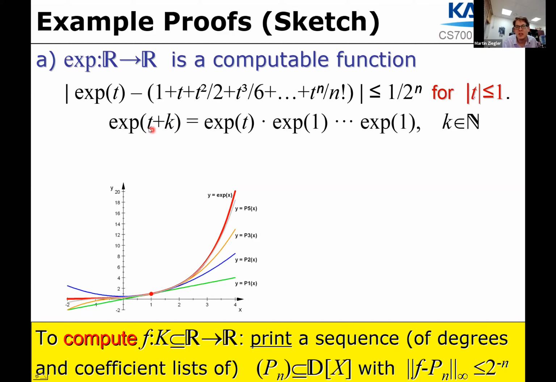Namely, if we consider, for instance, the argument t plus k, where t is between -1 and +1, and k is some natural number, then the value is just the exponential function at t, which now satisfies the hypothesis, times a finite, namely k times, multiplication by Euler's constant, which is computable because it satisfies the hypothesis, the argument 1. And so this is finitely many multiplications.